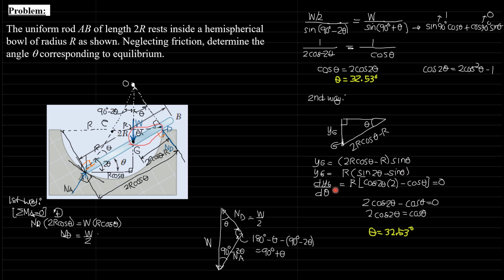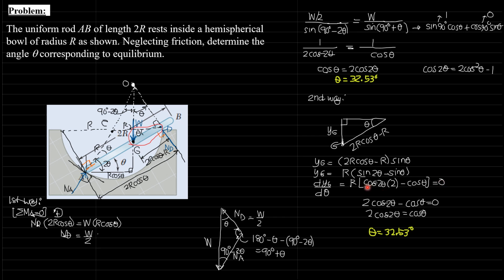So differentiating and maximizing y sub g with respect to theta, we have constant r, the derivative of sine 2 theta is cosine 2 theta times the derivative of 2 theta with respect to theta, which is 2, then minus the derivative of sine theta, which is cosine theta. Then we equate it to 0 because this is the slope of the curve of y sub g versus theta, and at the highest point the tangent is horizontal, so the slope is 0.